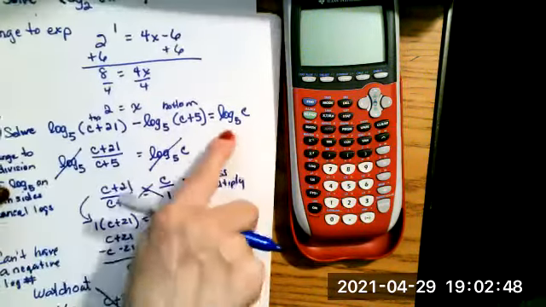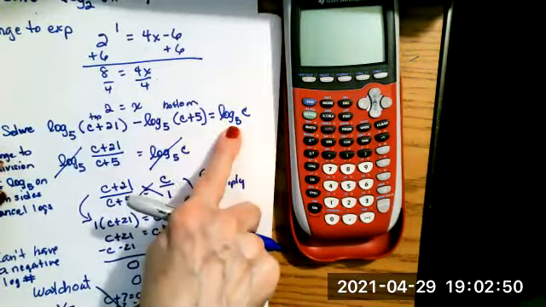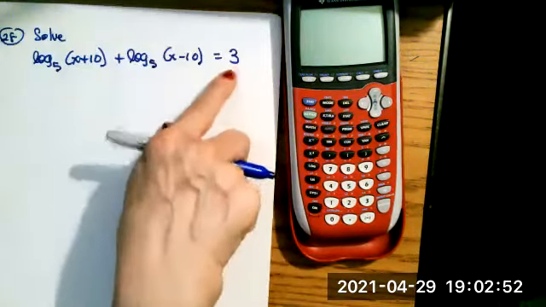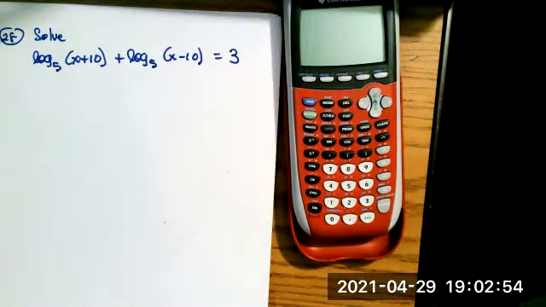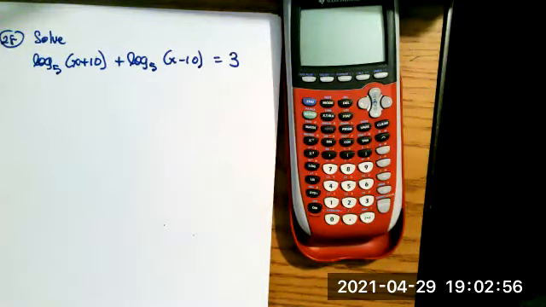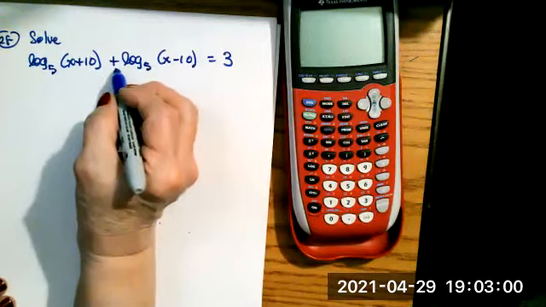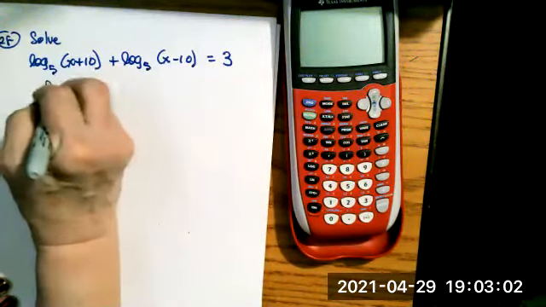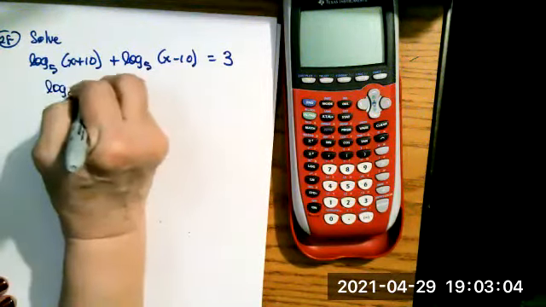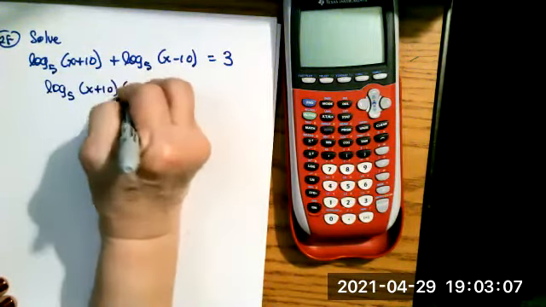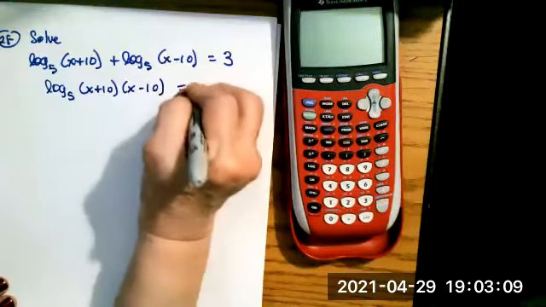See, this one had a log over here too. It was log base 5 of c, but this one only has a 3. It doesn't say log base 5 of 3, so I'm not going to be able to cancel out the logs. This is plus, so that means I'm going to make this into a product. Log base 5 of x plus 10 times x minus 10 equals 3.